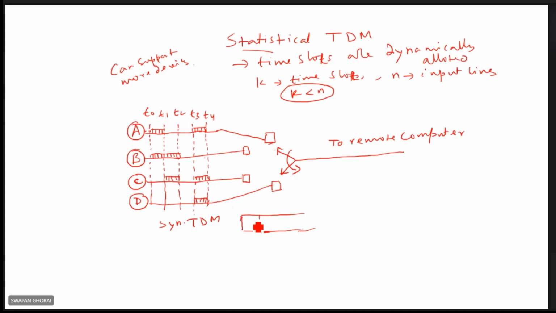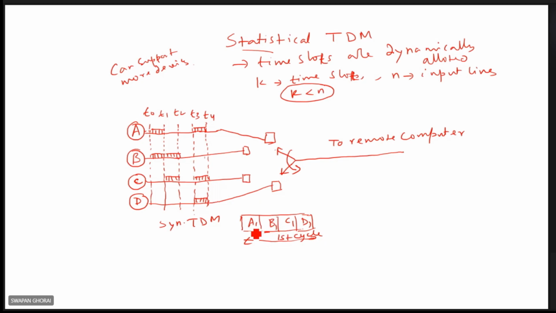Say there are 4 cycles. In the first cycle, say this is A1, this is B1, this is C1, this is D1. This is for the first cycle.